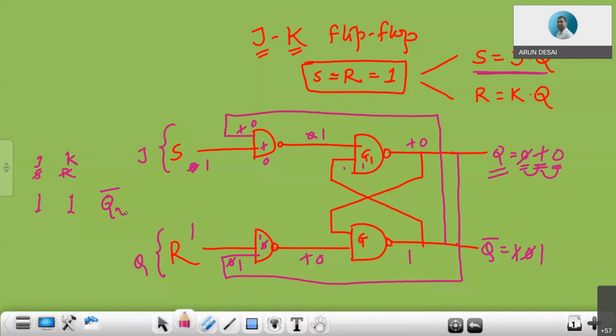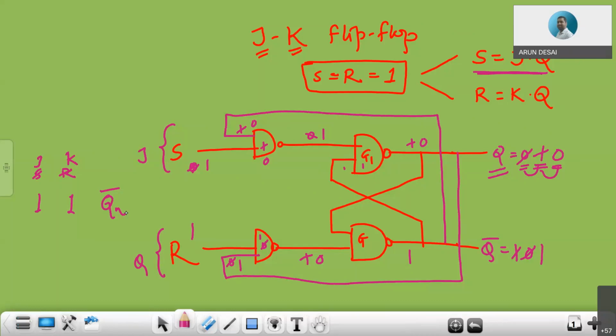So this is called the use of J and K input, or the use of feedback connection, right? We converted it so that whatever is stored is complemented. If my memory holds 0, it is inverted to 1 in one clock pulse. In another clock pulse, if it is 1, it is again inverted to 0, right?